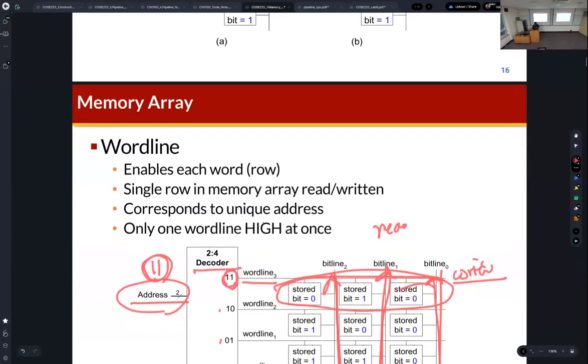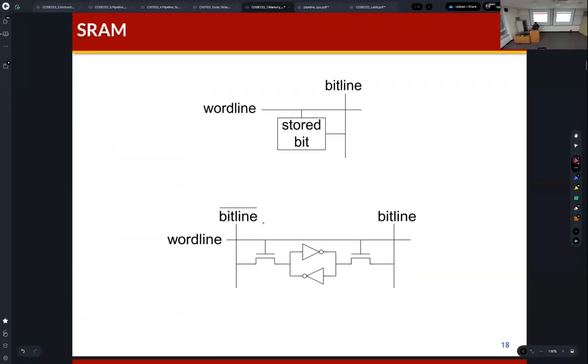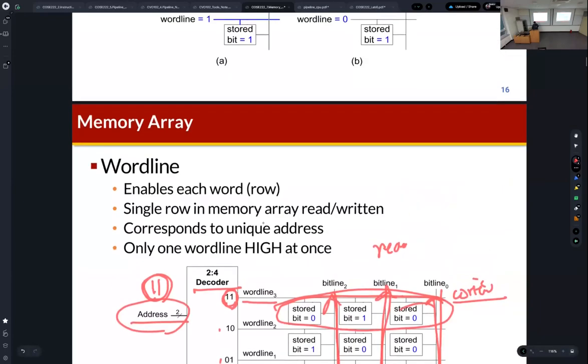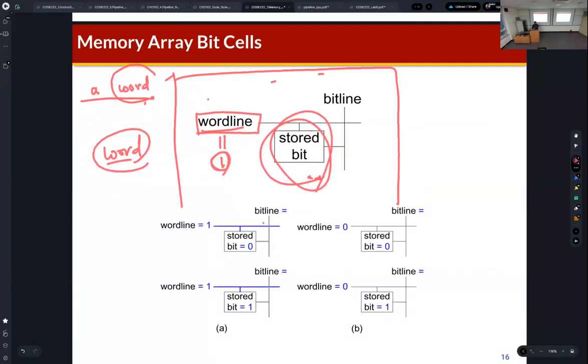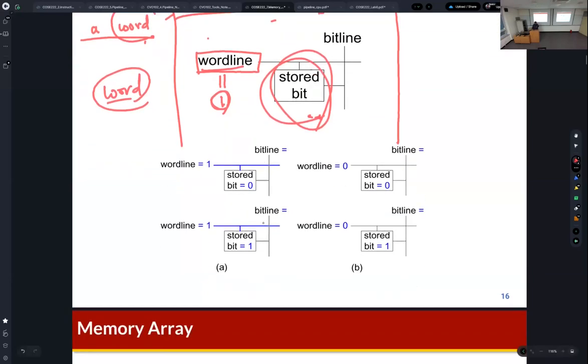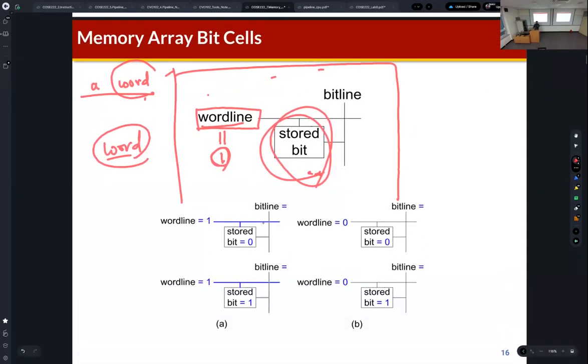Then why did I explain this? Because I want to explain the different structure of SRAM and DRAM. Most memory devices have a similar structure.